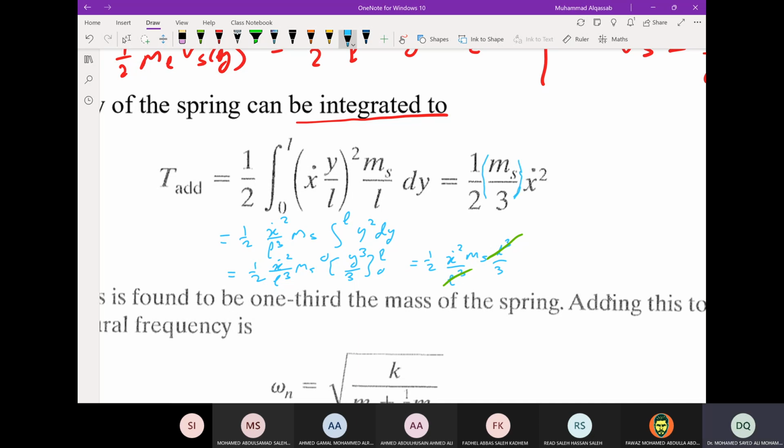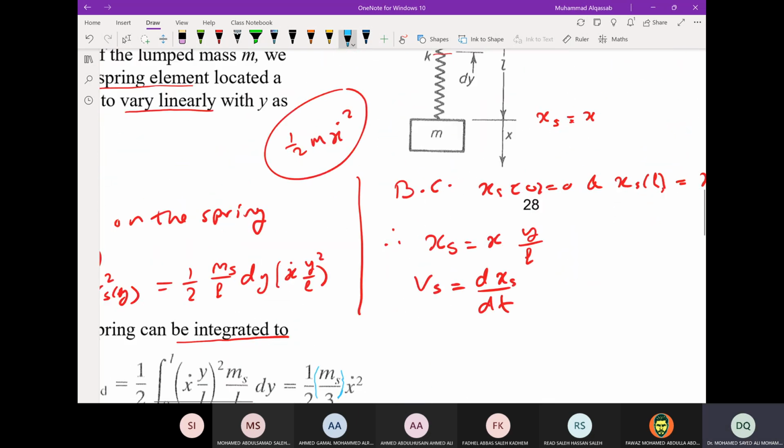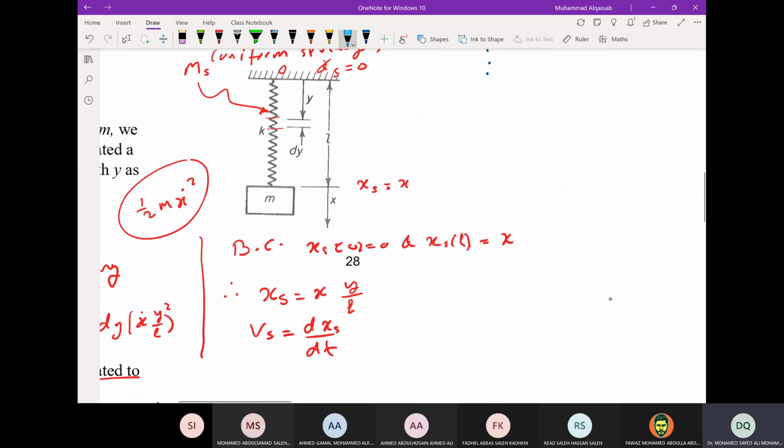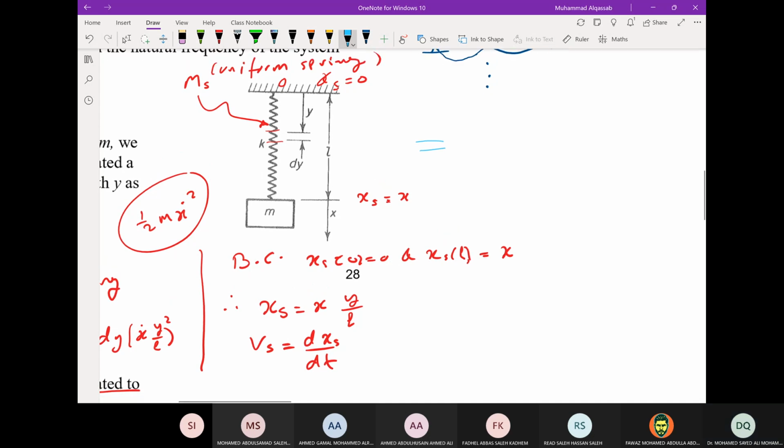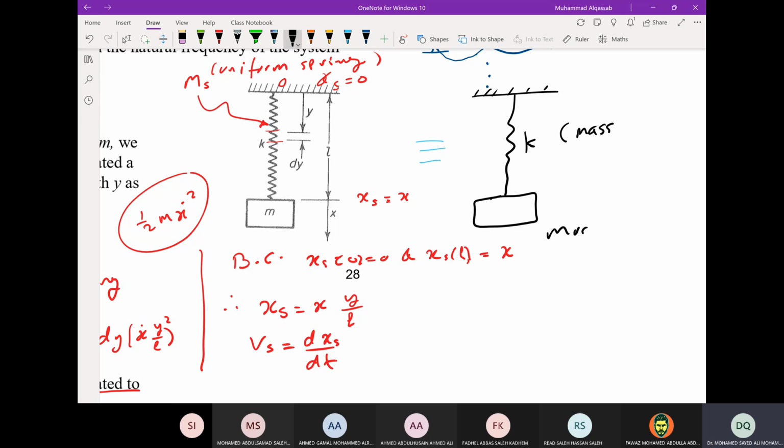So that is the mass to be added to m. So the system becomes equivalent to this. This is with mass, and here is without, neglecting the mass of the spring. This is K, and the spring is assumed massless here. This is the equivalent model.